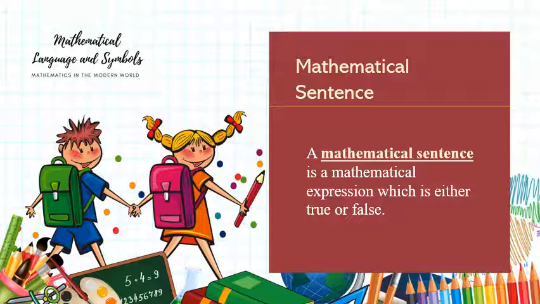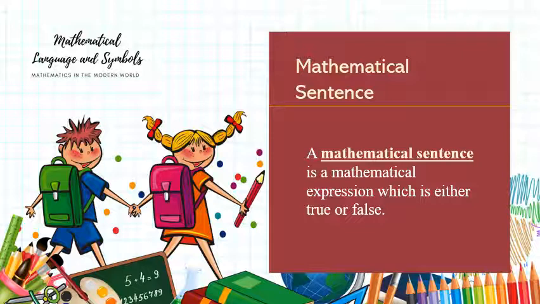When can we say that a mathematical sentence is open? When it is true or false depending on the value of the unknown quantities. In this example, we have x.